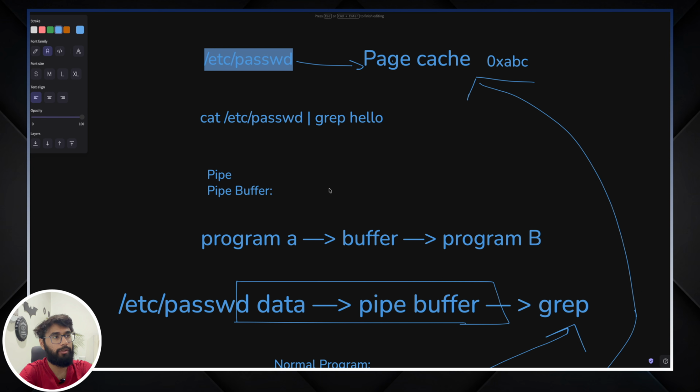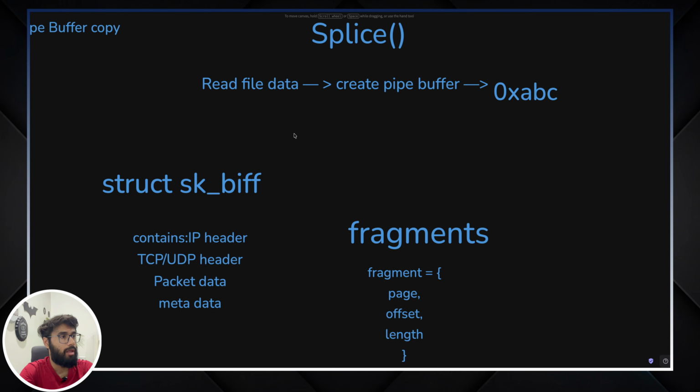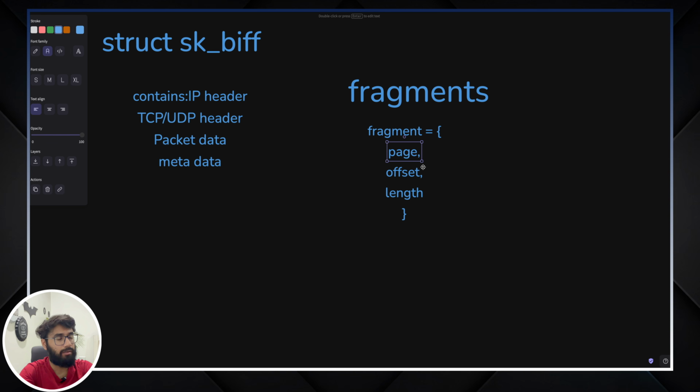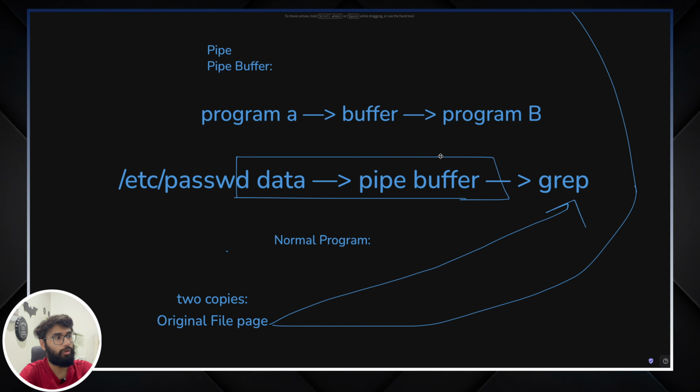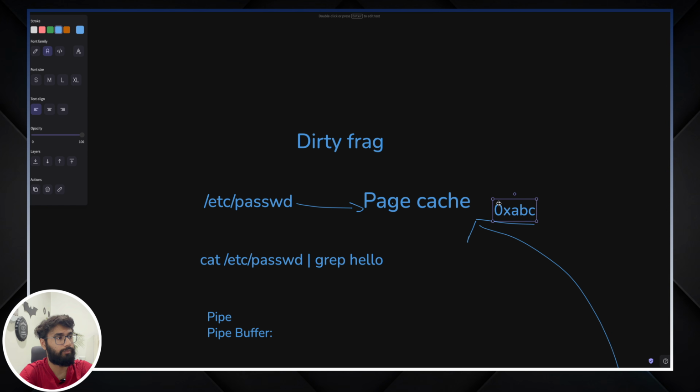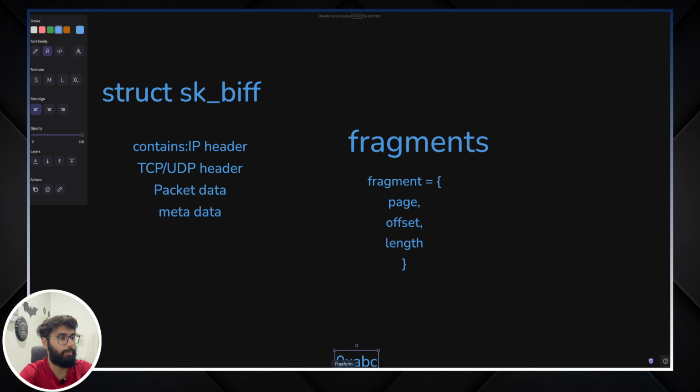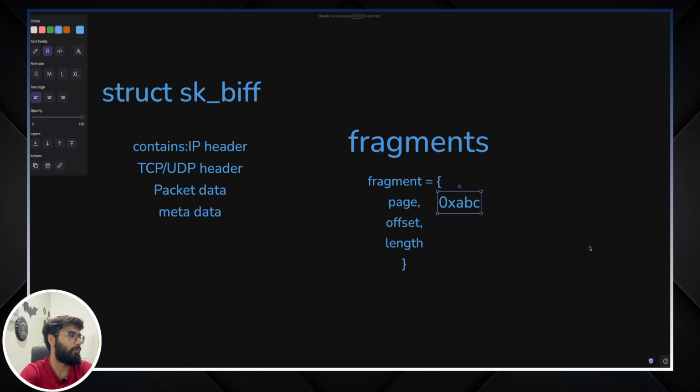It will directly use this page cache. Got it? So whenever a fragment comes with this page reference, it is going to point to this. The page will reference here.